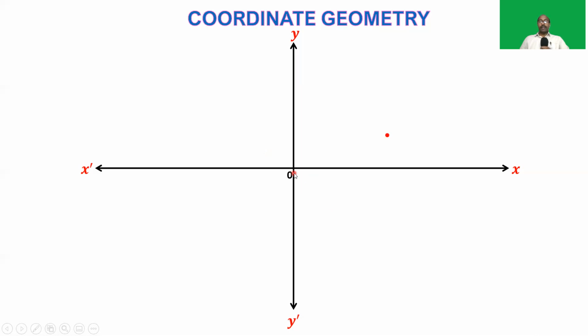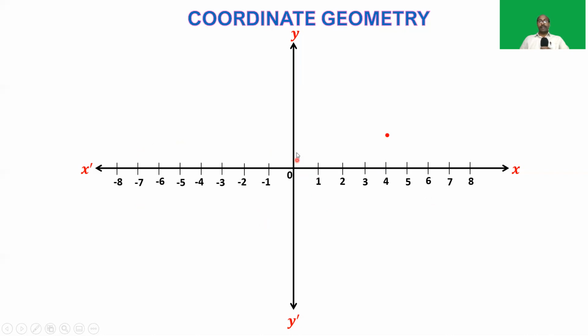Now, the x-axis on the right side of the origin is called the positive x-axis, and the x-axis on the left side of the origin is called the negative x-axis.